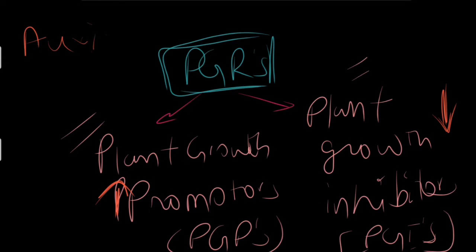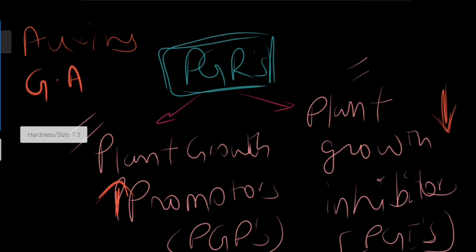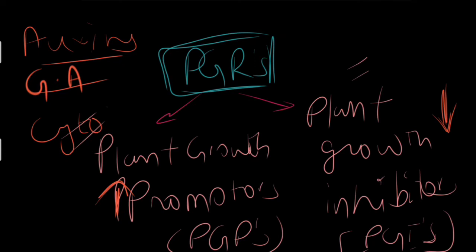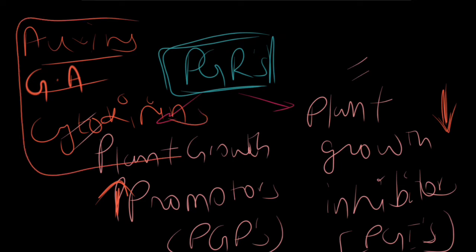Auxins, gibberellins or gibberellic acid, and cytokinins. These all are involved in growth promotion activities, so they are called PGPs, plant growth promoters.